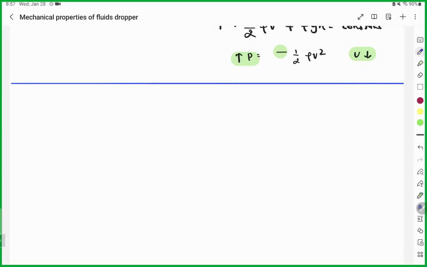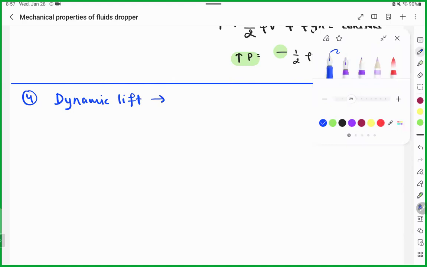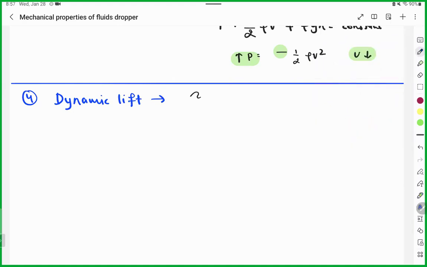So, the fourth application is the dynamic lift. In case of dynamic lift, we will discuss the same thing. There will be a velocity difference. And whenever there is a velocity difference, it will lead to a pressure difference.